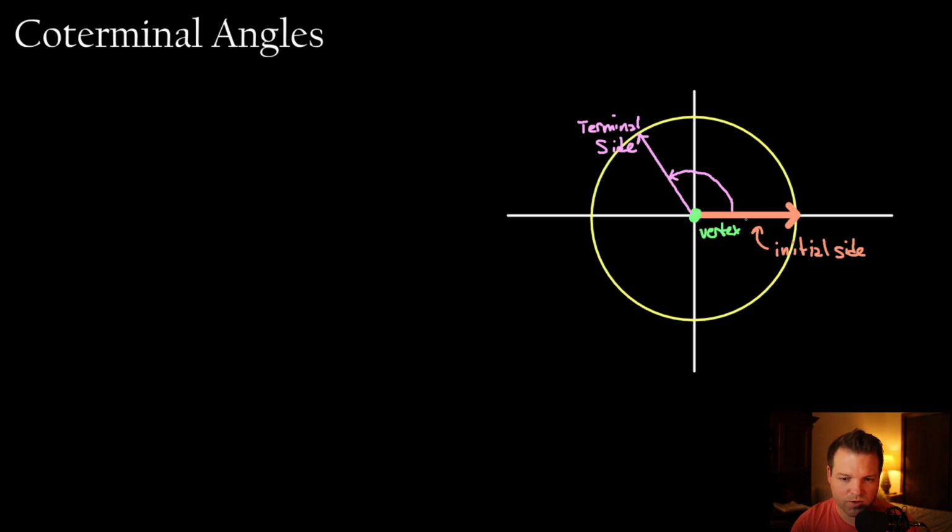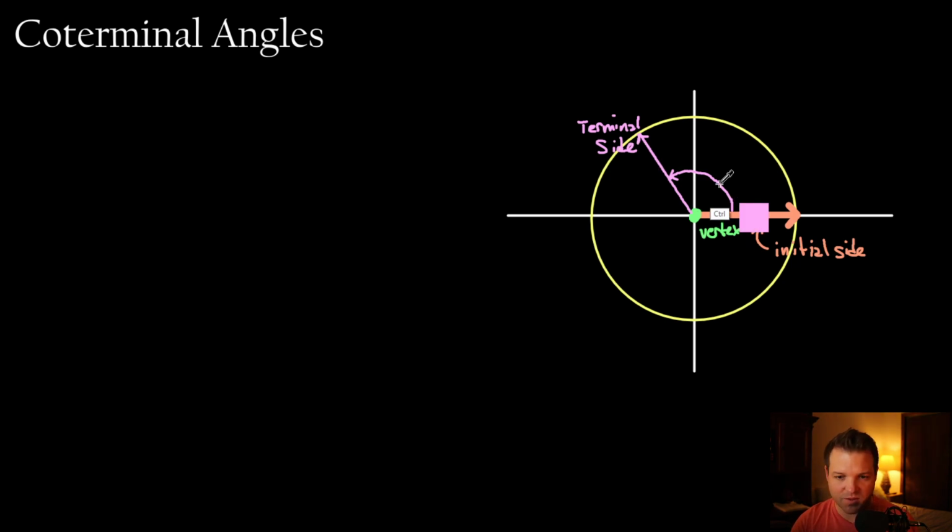What if I rotated by a negative amount, a negative angle, and I ended up at the exact same location as the other angle? Then these angles would be called coterminal. And it doesn't really matter. I could have another rotation where I went all the way around and past this, more than 360, and then ended up again at the exact same terminal side. Then again these would be coterminal.